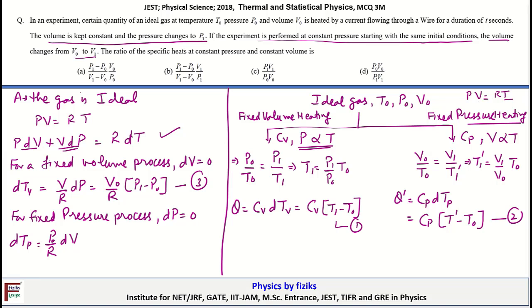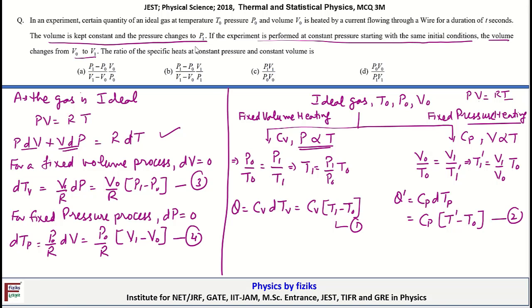It's basically P0 by R, the initial pressure. So dTP is equal to P0 by R dV, which is nothing but P0 by R into (V1 minus V0). Let's call this equation 4.